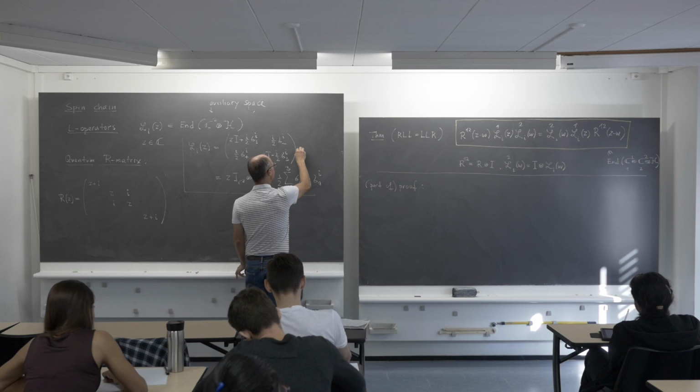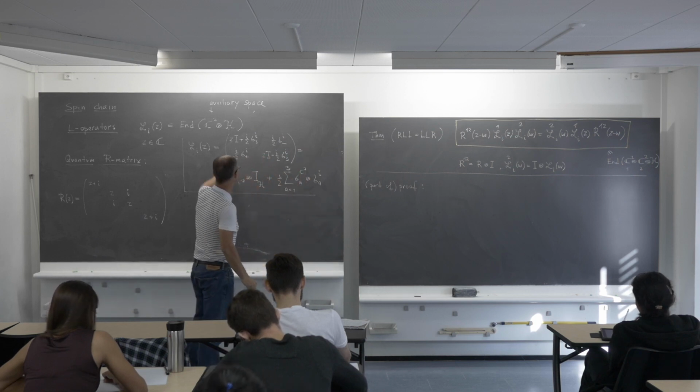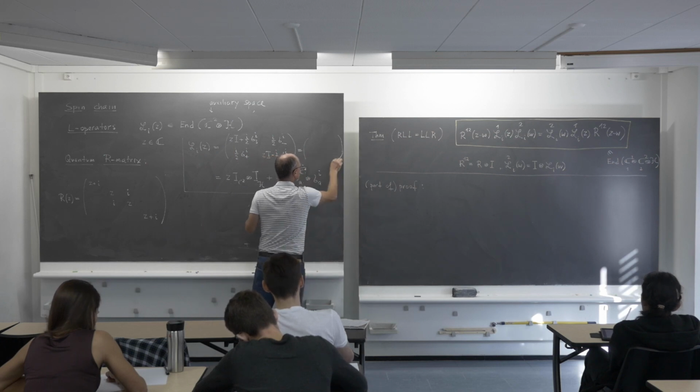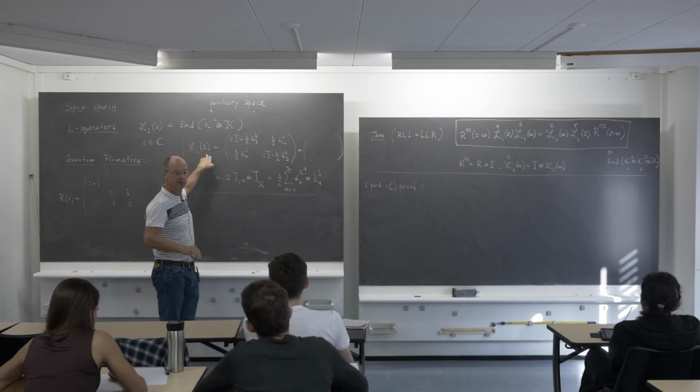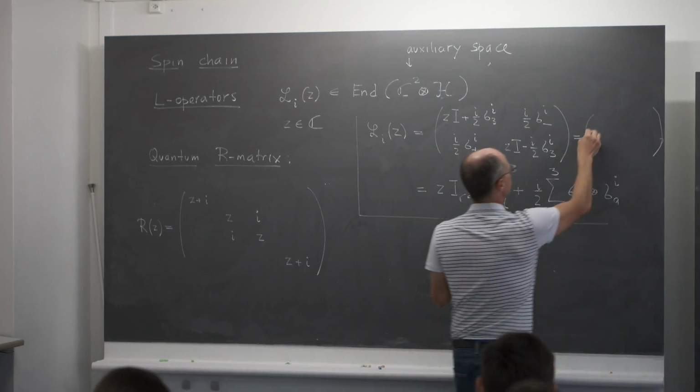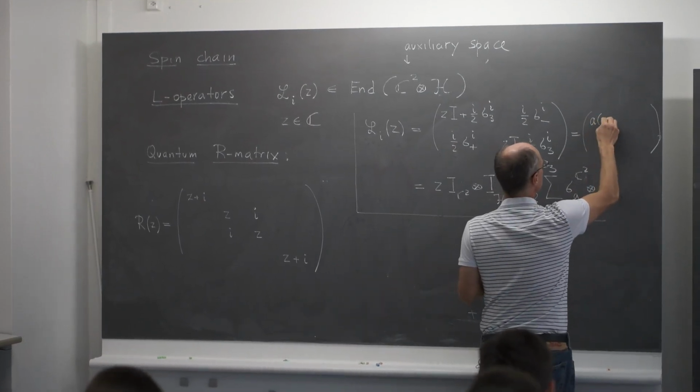So here perhaps we'll need one more piece of notation. Let me denote the matrix entries of the operator Li, those operators acting on H. Let me introduce a notation.